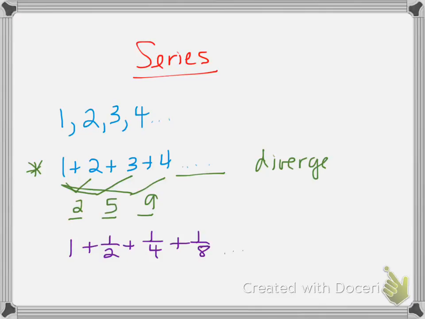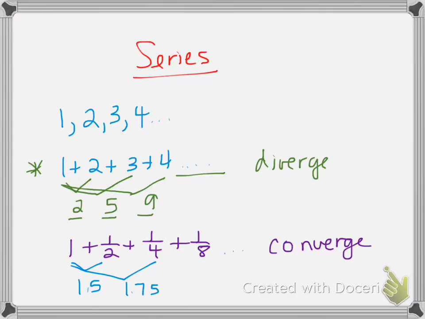this one is going to converge. And the reason it's going to converge is because the things that you're adding to it are so small that it doesn't change the sum very much. If I add the first two terms, I get 1.5. And then if I add 1/4 to it, I'm sorry, I get 1.75.